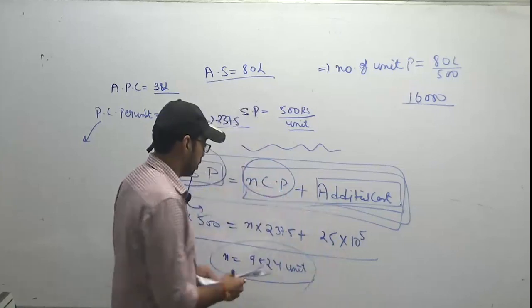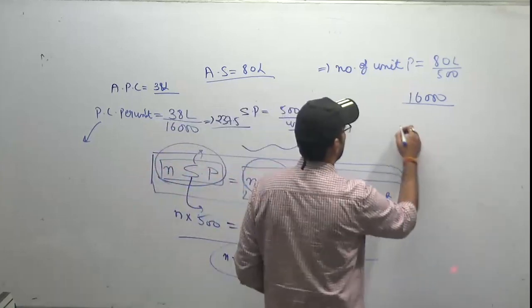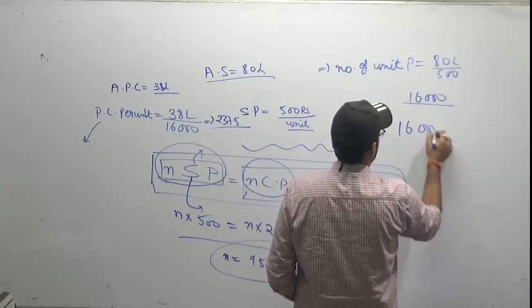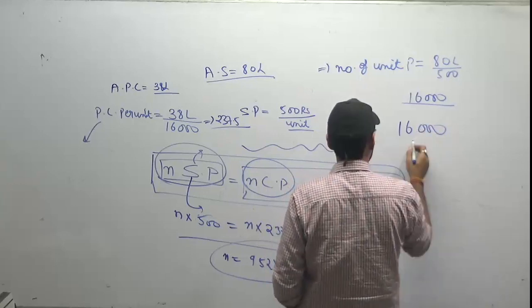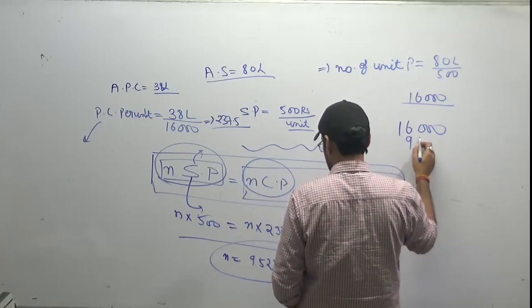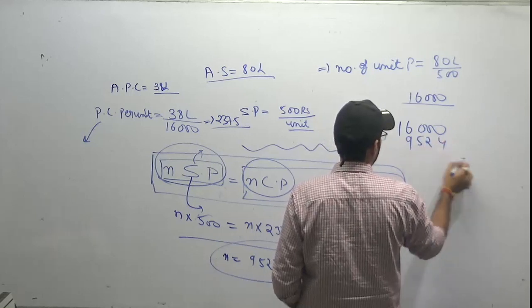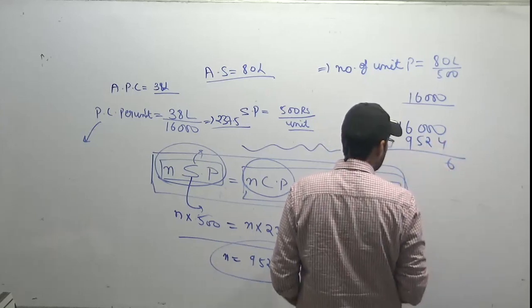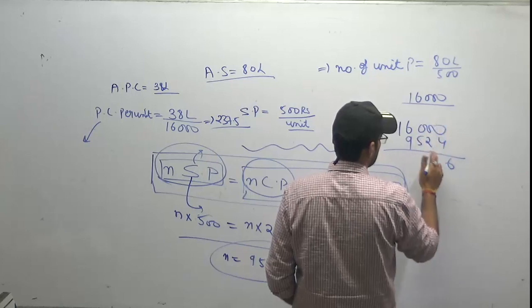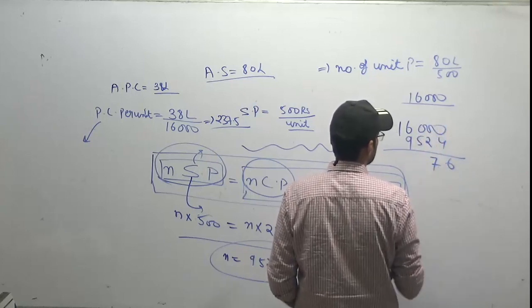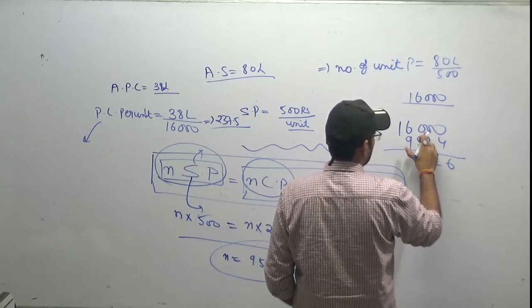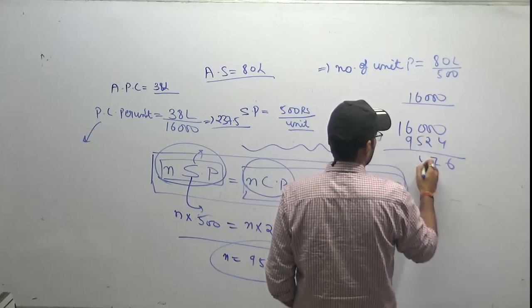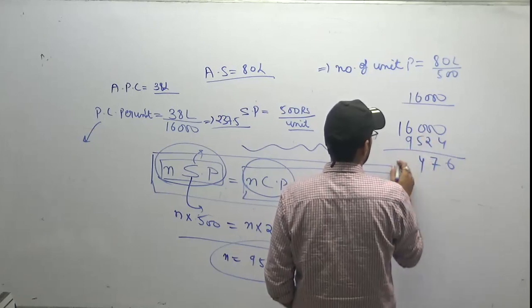So from here I can also say that subtracting 9,524 from 16,000, you will get what? This is 4, right?